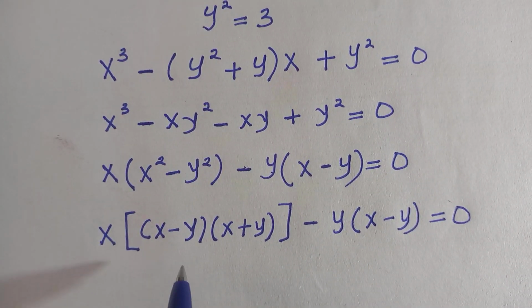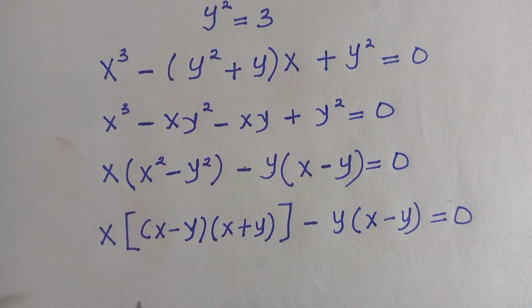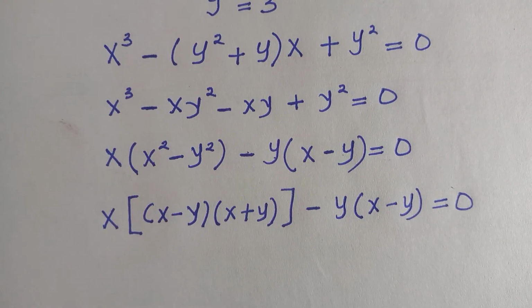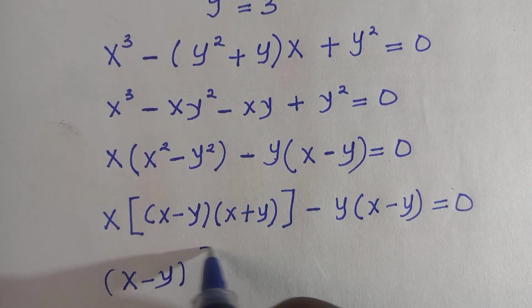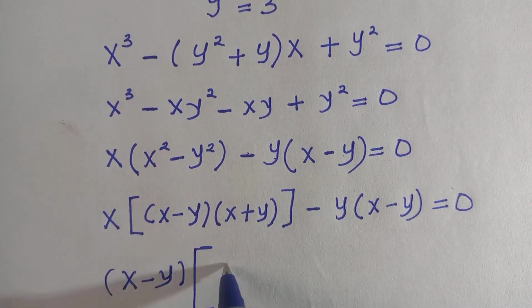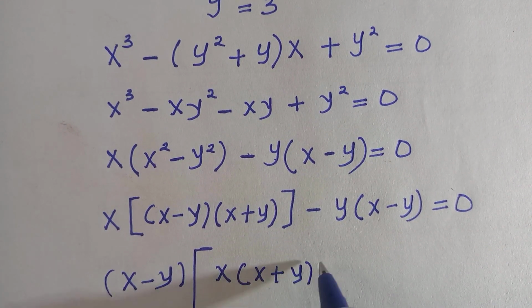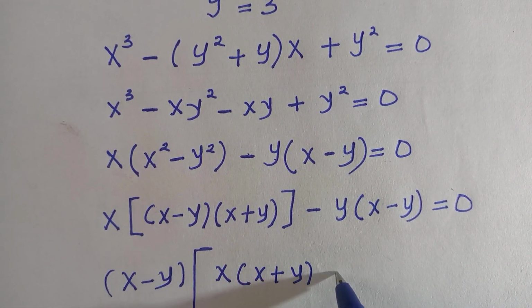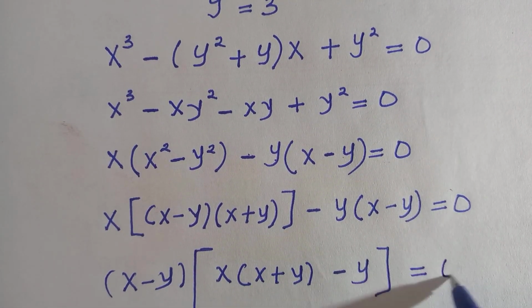At these two separate sides, we have x minus y common. Which means if I take out x minus y, I will combine everything in a bracket. Then we have x left bracket x plus y, then negative y. Since I've taken out x minus y, everything equals 0.